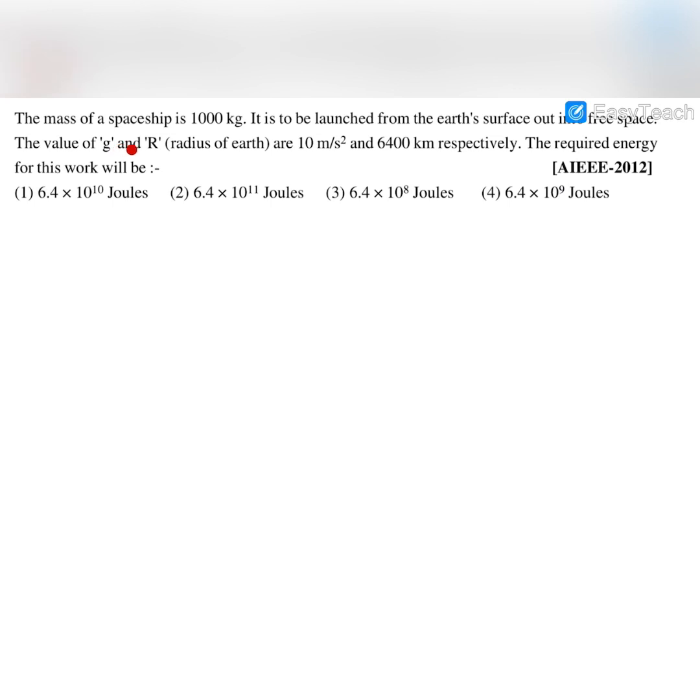The value of g and R is 10 and 6400 kilometers, so the required energy would be, so we know that in free space the final total energy will be 0, and from the Earth's surface the initial energy of that spaceship will be minus GMm by R, which is the potential energy.